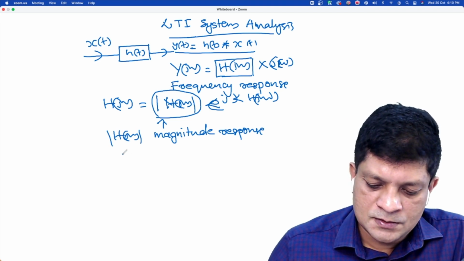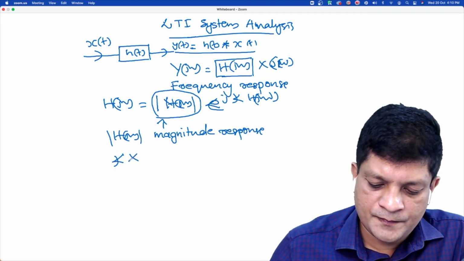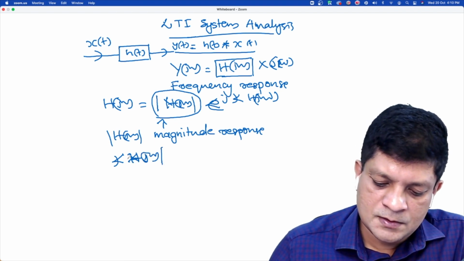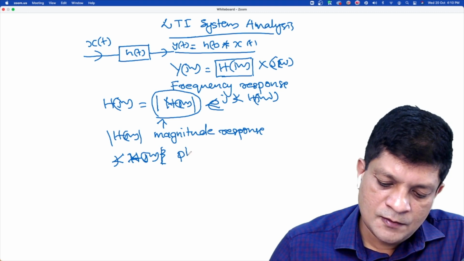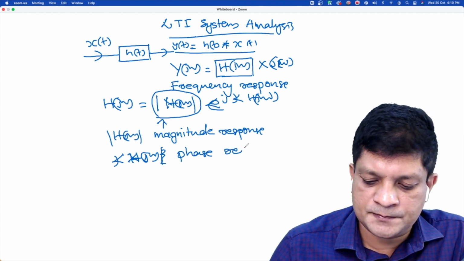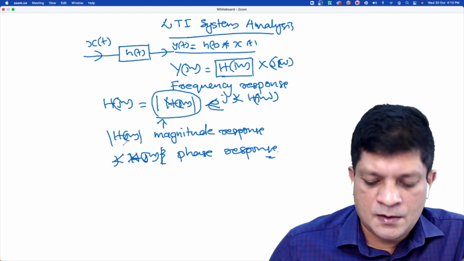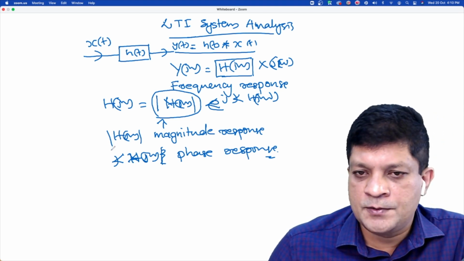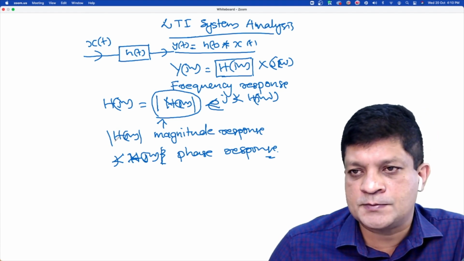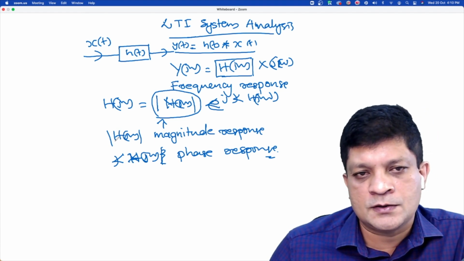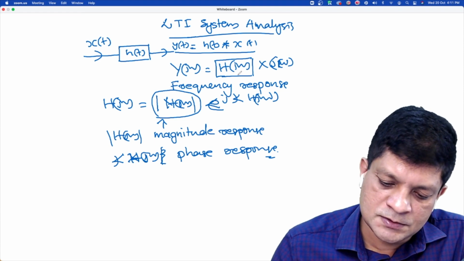And this is called the phase response of the system. Okay. And in terms of this magnitude response and phase response, we can express the output spectrum.